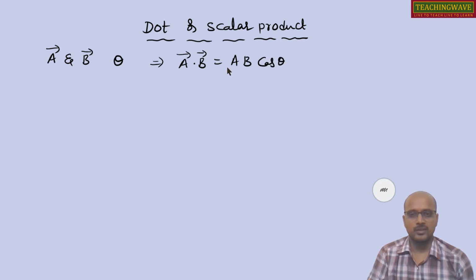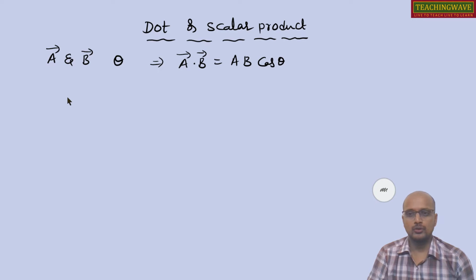That means the product of the magnitudes of the two vectors and the cosine of the angle between them. Here a is the magnitude of a bar, b is the magnitude of b bar, and theta is the angle between those two vectors.